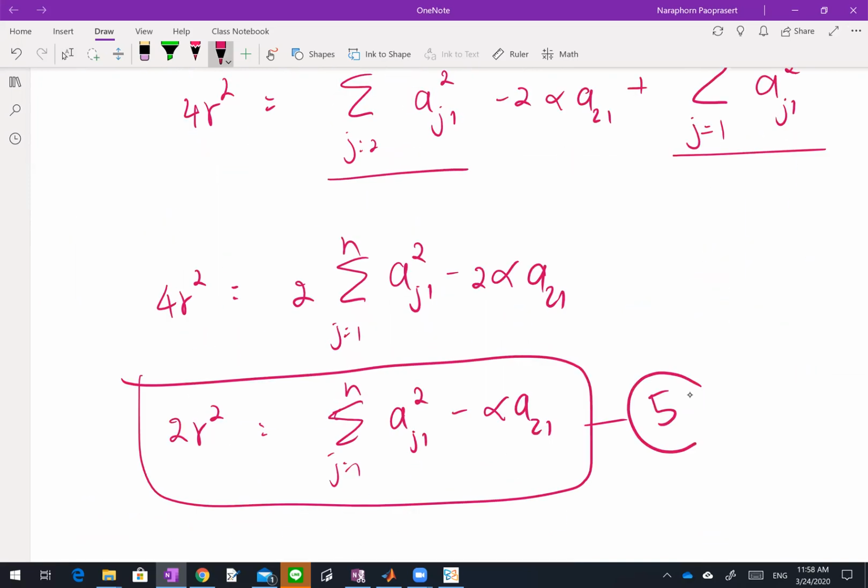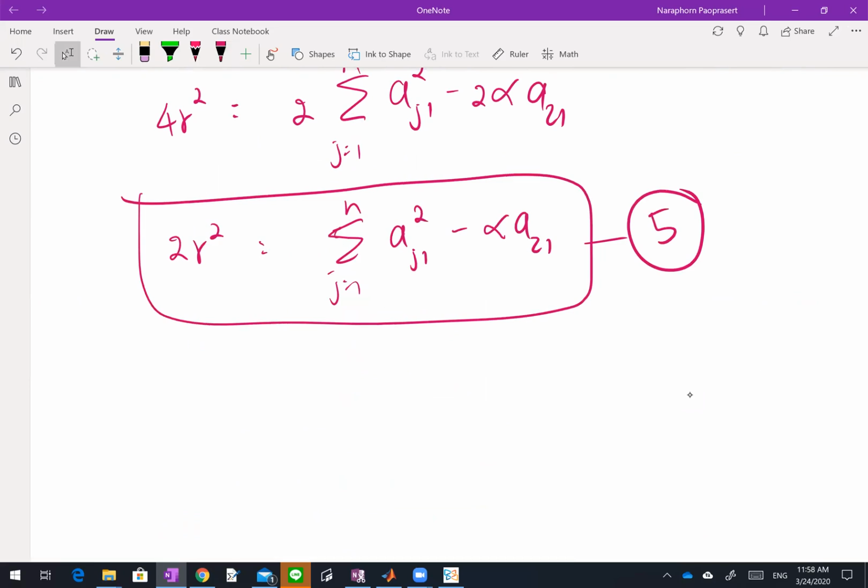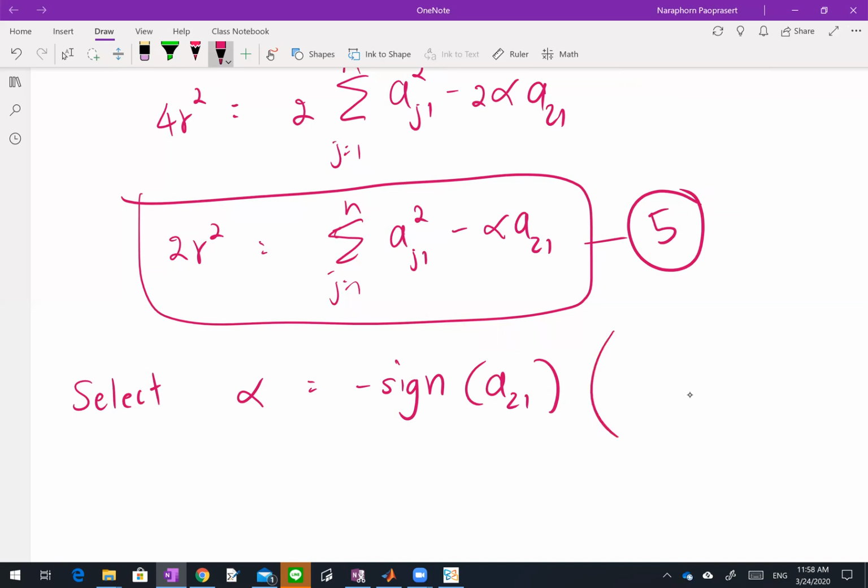Okay. So from equation number 5, we select alpha to be, I'll just write it down, the minus of the sign of a21 times summation j from 2 to n a j1 square, everything to the 1/2.